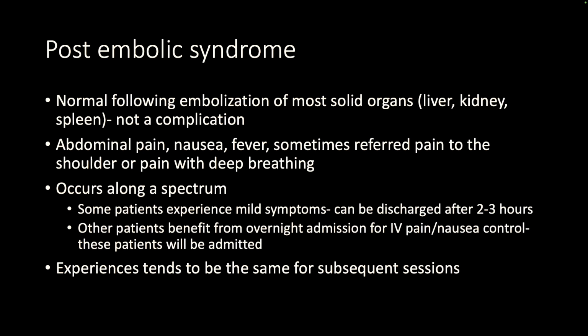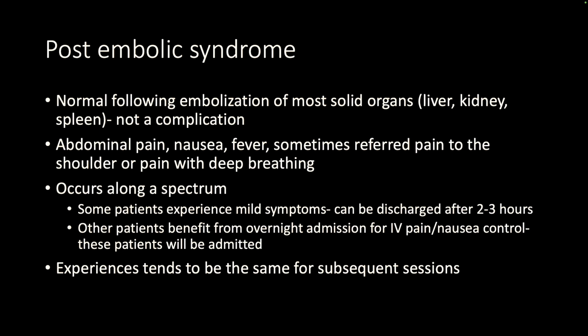So we have abdominal pain, nausea, fever. Those are all normal. Usually it's a low-grade fever. It's usually as bad as it's going to be that night and the next morning, and then it starts to fade. And for some patients, it's not really bad at all. Some patients go home that day and they're doing good. But we don't really know how it's going to go for every patient.